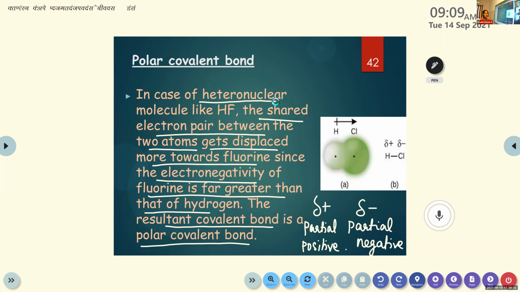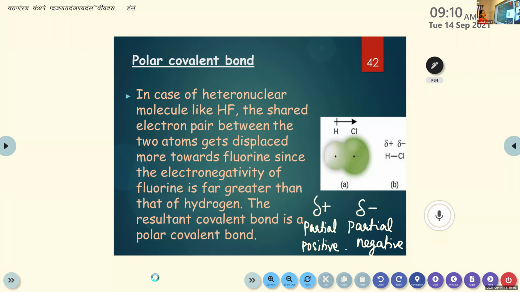Halogens like fluorine and chlorine are the highest electronegative group, and fluorine is the highest electronegative element in the periodic table. So they show maximum tendency to attract the shared pair of electrons towards themselves. Due to this property, the electronegative atom gets a partial negative charge and the electropositive atom gets a partial positive charge. So these are the two types of bond, non-polar covalent bond and polar covalent bond.